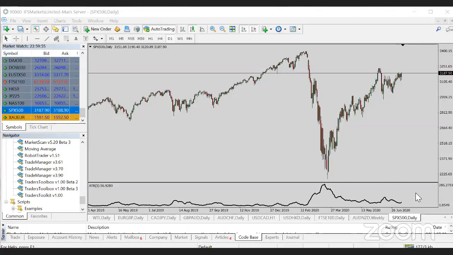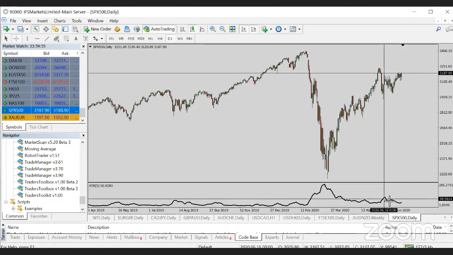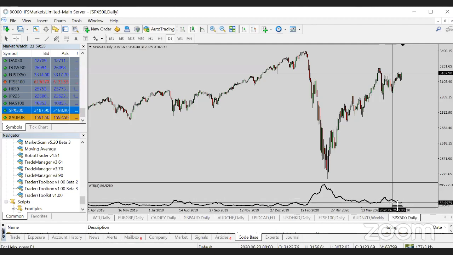But the other thing I found, which was really interesting, is that right now, if you have a look at the daily chart, there's not much volatility on this S&P. This is pretty flat, right? What I did notice was that on this move up, as volatility drops, these guys tend to buy.